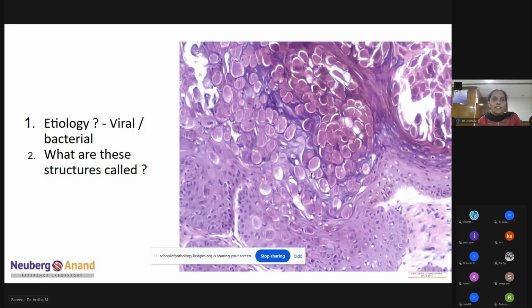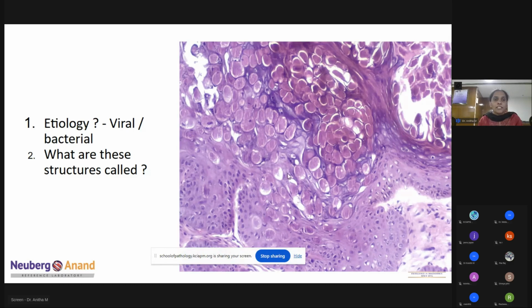So what is the etiology? Is it viral or bacterial? Has anyone responded? Yes, Rajeshri. What is it? Yeah. So I think it is molluscum contagiosum.